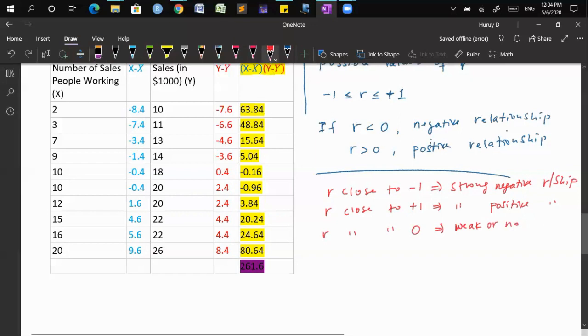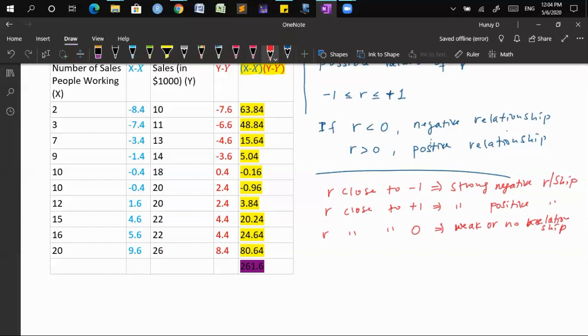No relationship. So these are the general ideas of interpreting this R value, or the correlation coefficient.